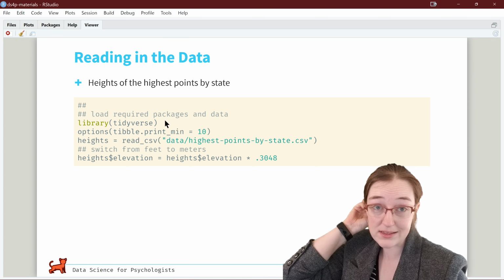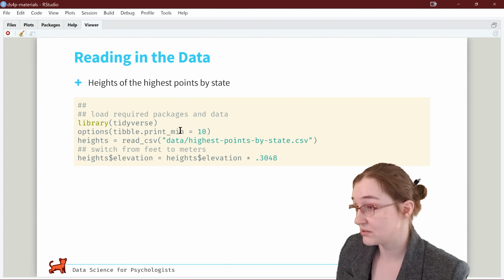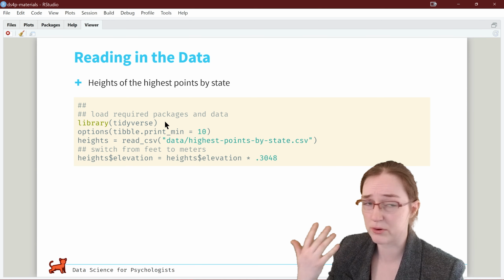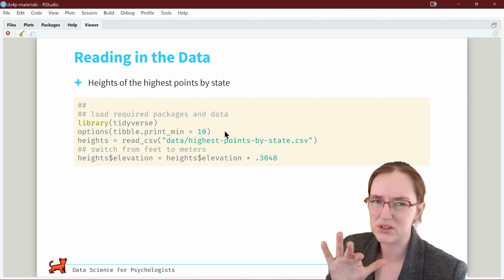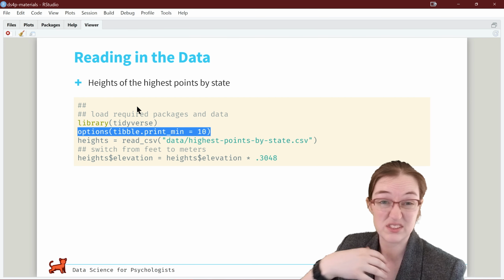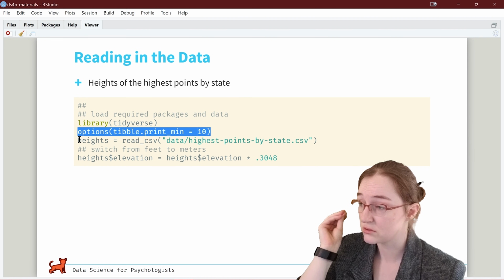Everything in this yellow box is literal R code that I ran and have running right now. So we're going to load our required packages and data. These include tidyverse and a couple of bookkeeping things here, so that when I show you the data, you'll see 10 rows.